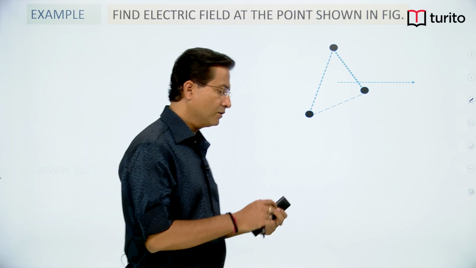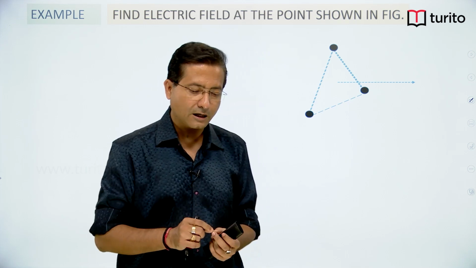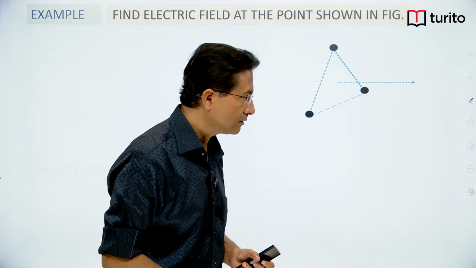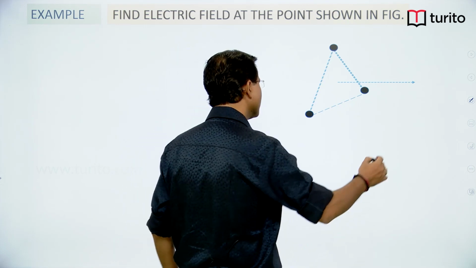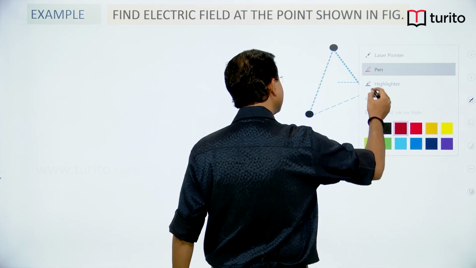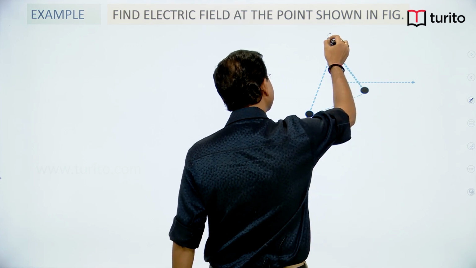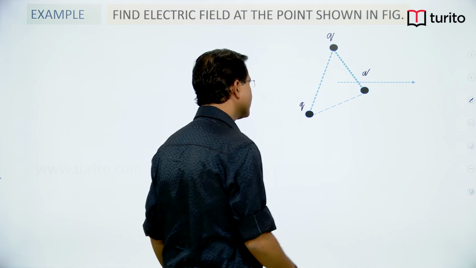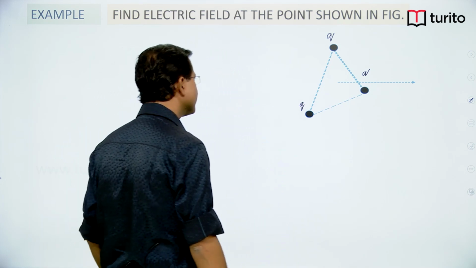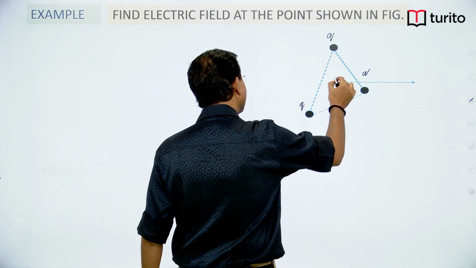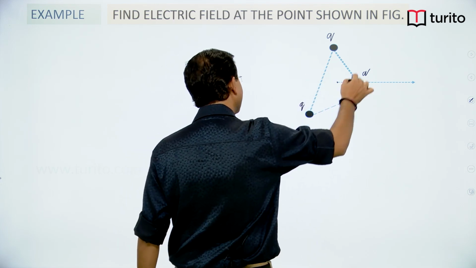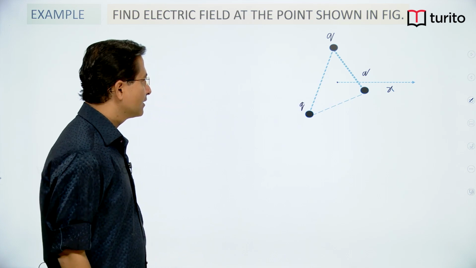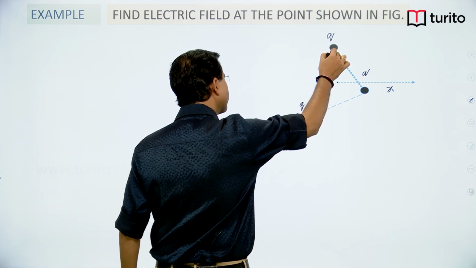So instead of a ring where charge was continuously distributed, if I take 3 particles, say Q, Q and this one Q, and from the center I take this distance x and let this distance be r.